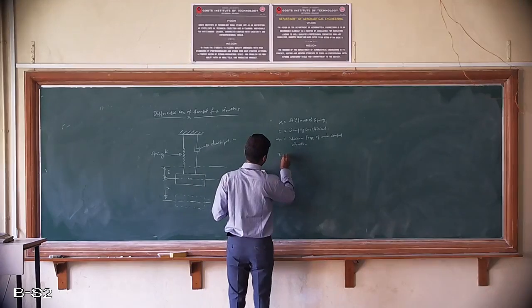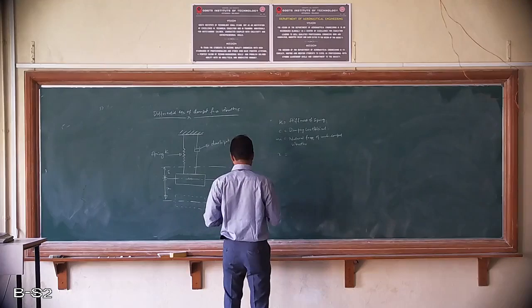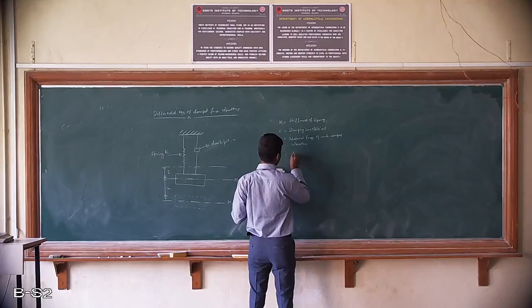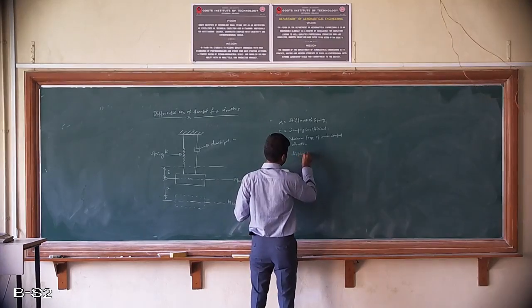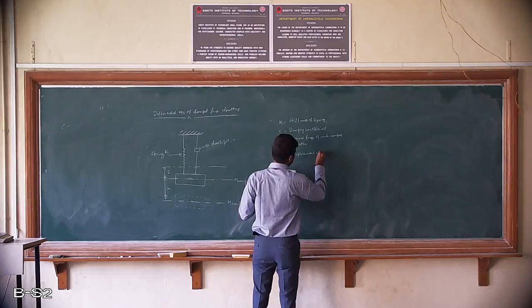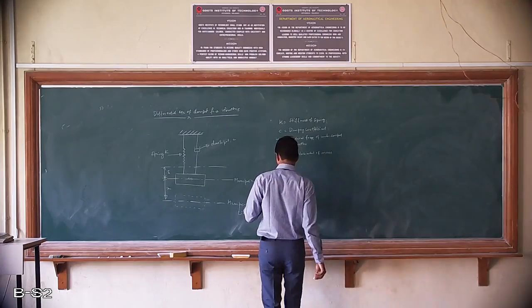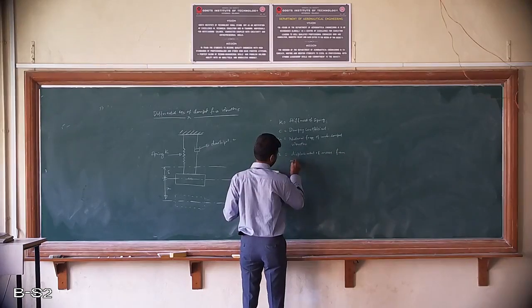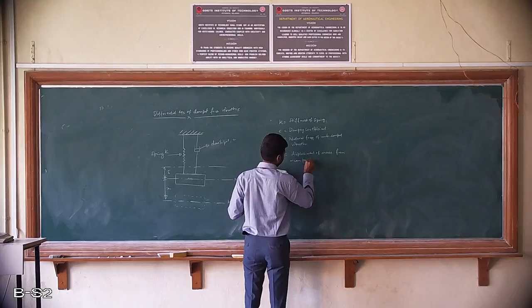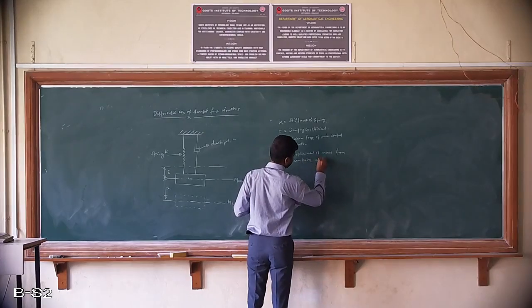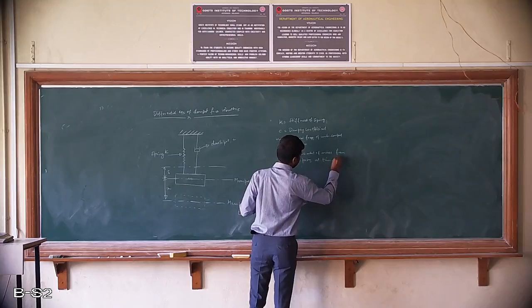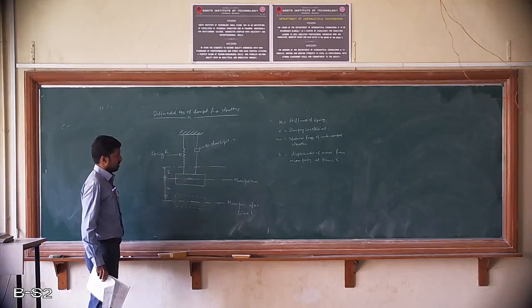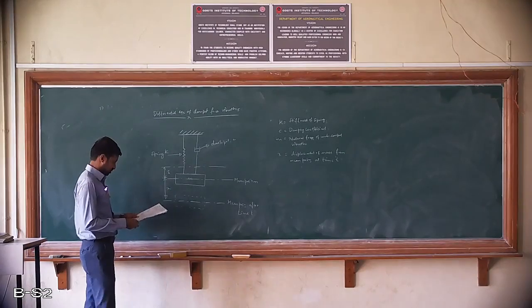X is equal to, which is shown here in the figure, displacement of mass from its mean position at time t.